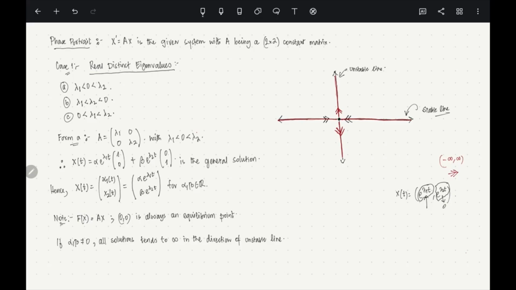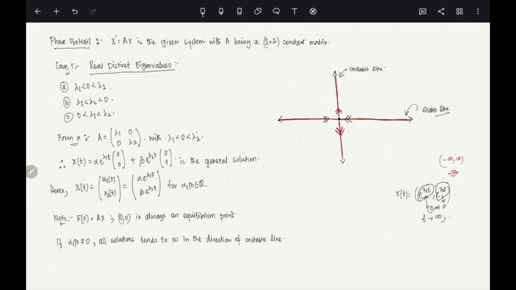So the trajectories as t tends to minus infinity start very close to where the y-axis is 0. And when t tends to infinity, these solutions are getting bigger and bigger, but this coordinate, since lambda 1 is negative, is going towards 0, so it goes toward infinity along the y direction.